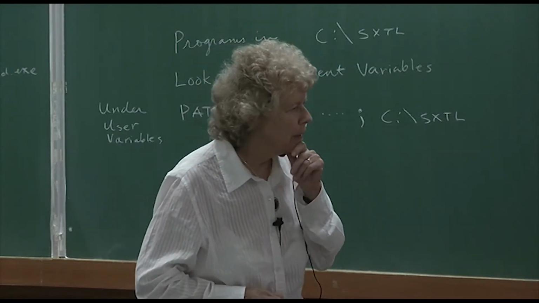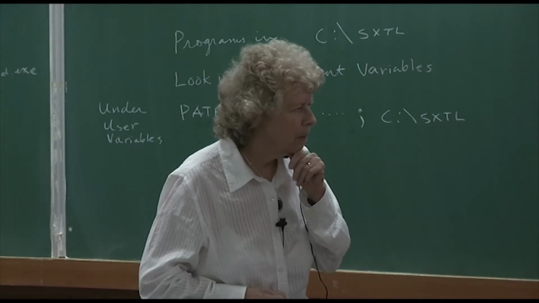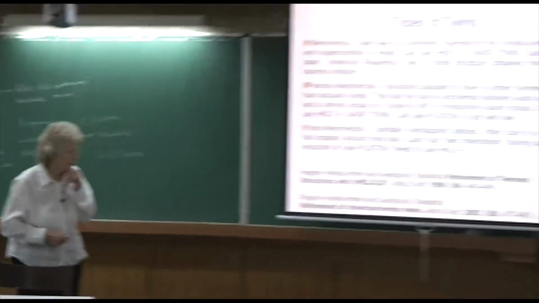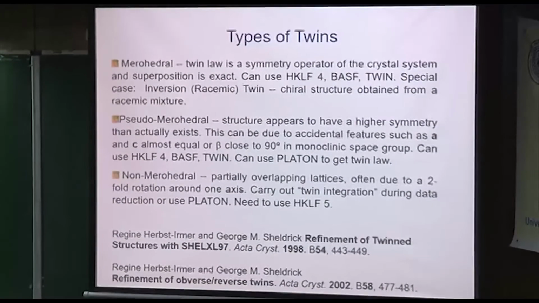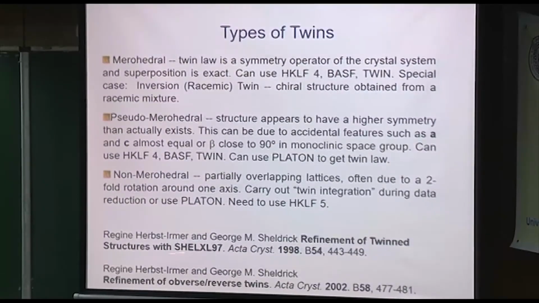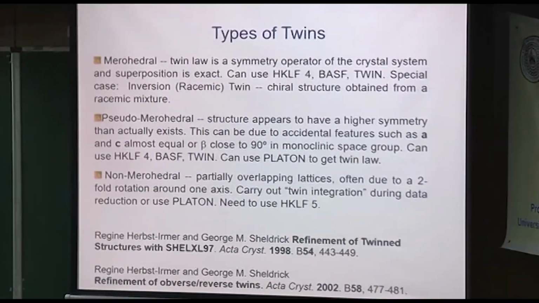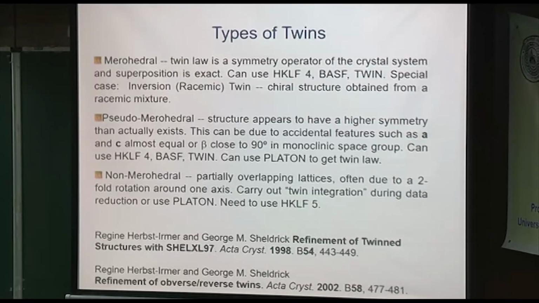Anyway, there's some really good papers on this. Regina Herbst-Irmer, who works with George Sheldrick, she worked with him as a grad student, and she's still working with him, has written these two papers, which I really admire. She figured out an awful lot of stuff. And the whole chapter in the SHELX manual on twinning was written by her, too. So she gives some examples of twin laws that work in specific cases.